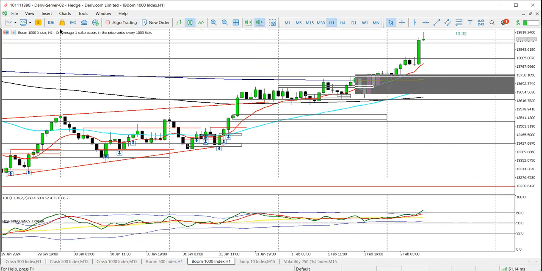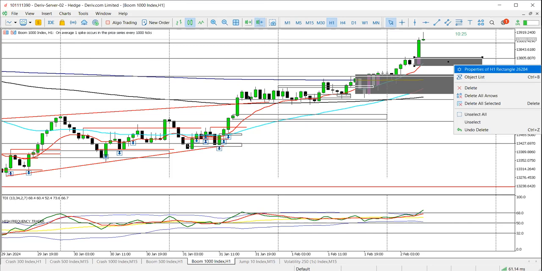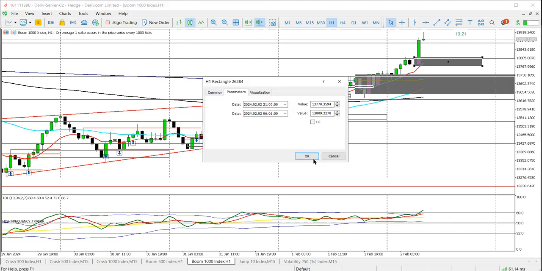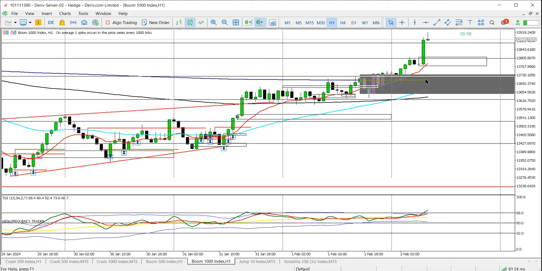I also want to look at this particular demand zone. If price respects that area, then we can buy from there. But otherwise, if they respect this area, we can buy from here. But if they continue to come down, we can wait for a rejection here, then wait for another pattern to form, then we can consider buys. So that's my current view for B1000.